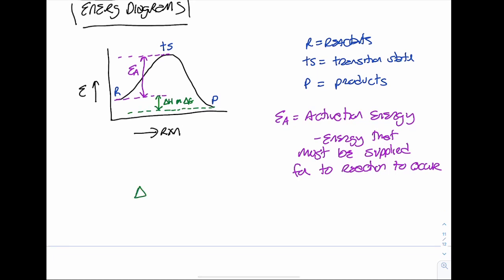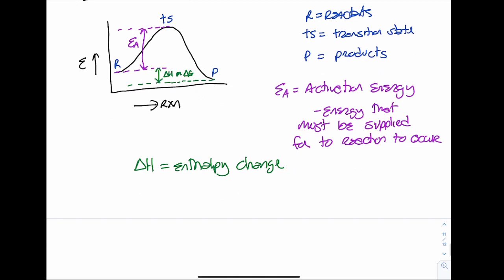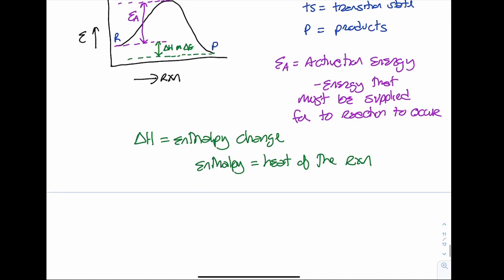But remember, delta H is my enthalpy change. Remember, enthalpy was the heat of my reaction. Is it gaining heat energy or is it losing heat energy? Right, if we had a negative value for delta H, that means that my final enthalpy is less than my initial, right?